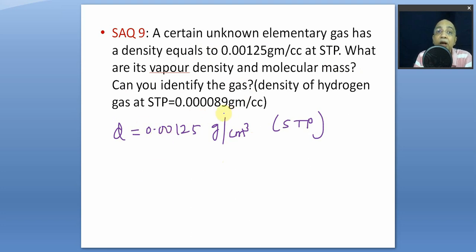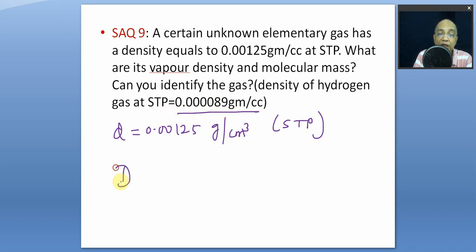You have to remember the density of hydrogen gas at STP, we did in the last video, 0.000089 gram per cm3 or cc. So this you have to remember. In terms of gram per liter, it is 0.089. In terms of gram per cc or gram per milliliter, it is 0.000089.